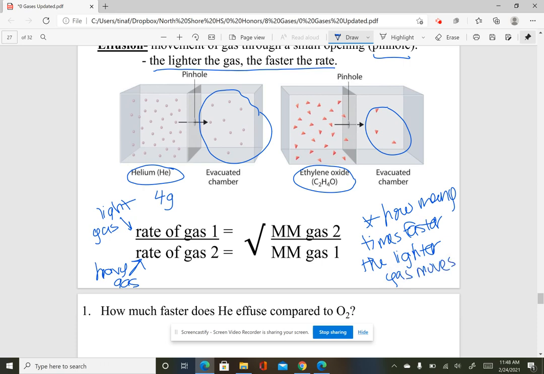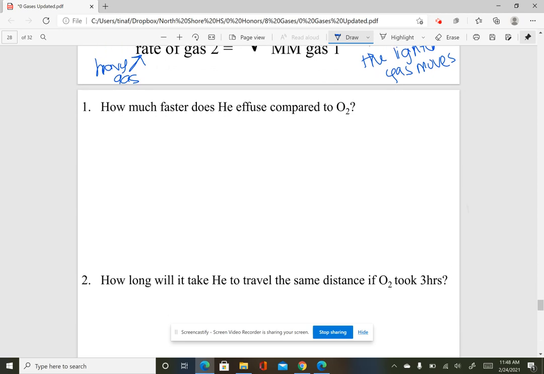Okay, so let's look at an example problem. Now they have to tell us what the gases are so that we can look up their masses. So helium has a mass of 4 grams per mole, and oxygen has a mass of 32. So I want to know how much faster helium moves compared to oxygen.